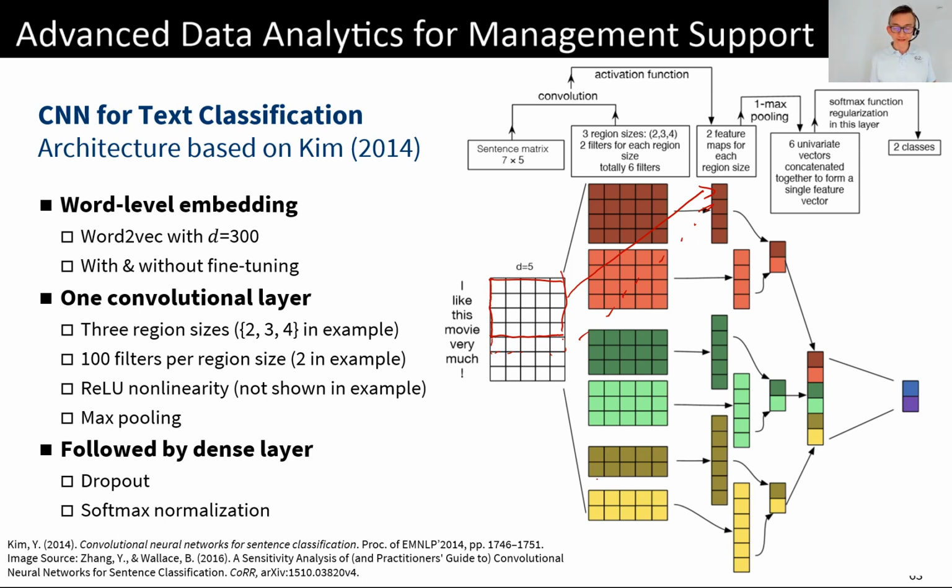The yellow filter, for instance, we can move it down a lot more because it's smaller, or less tall if you wish. And then from each of the filters, we get the feature maps, 6 in total: 3 region sizes, 2 filters each. They are of different shapes, at least partially, and then we address that using max pooling.